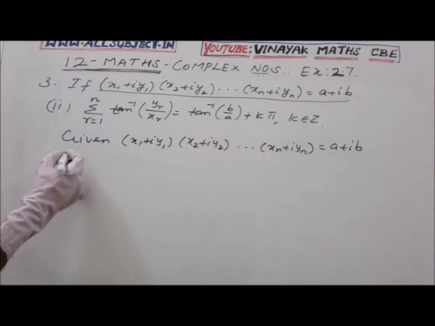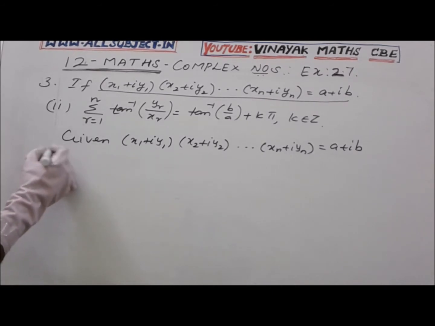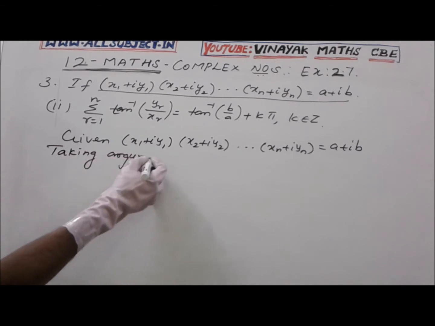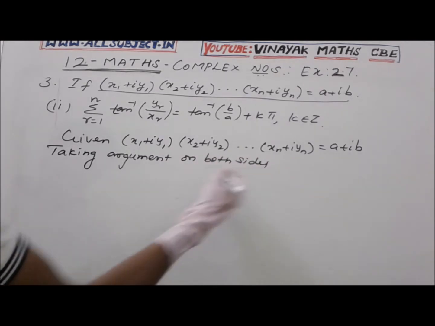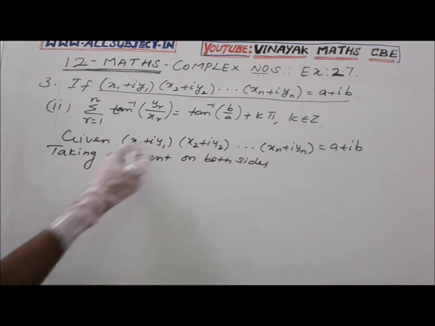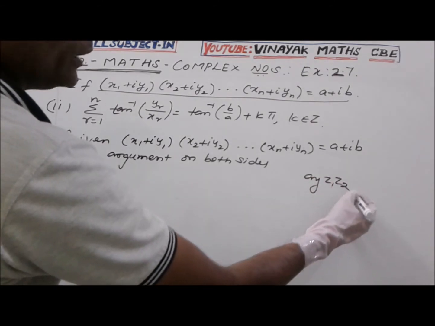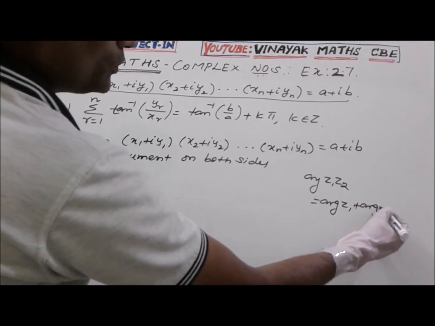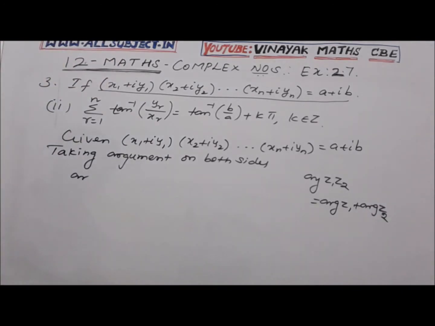Now taking argument on both sides, applying argument on both sides. We have the formula: argument of z1 z2 equal to argument of z1 plus argument of z2.